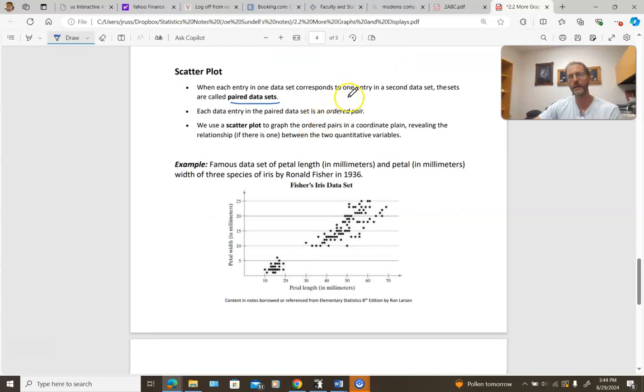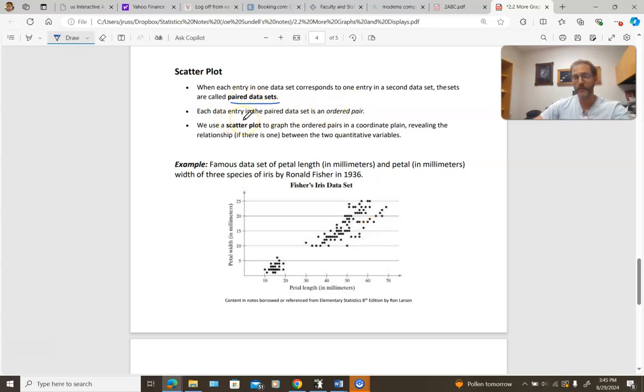So you can sort of think about in your algebra classes those ordered pairs, right? That we obtain from functions. So for any particular value of x, there corresponds one value of y, okay? That's really what a scatter plot is. Just a collection of ordered pairs. And then you just plot them on a 2-dimensional coordinate system like this.